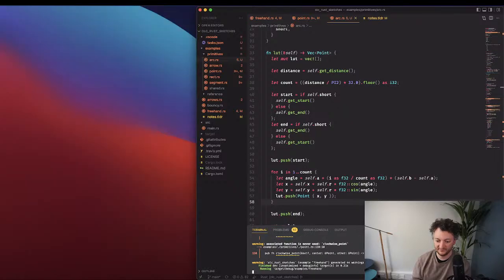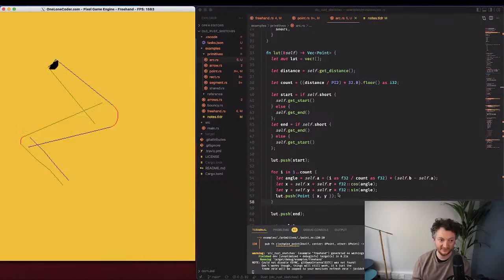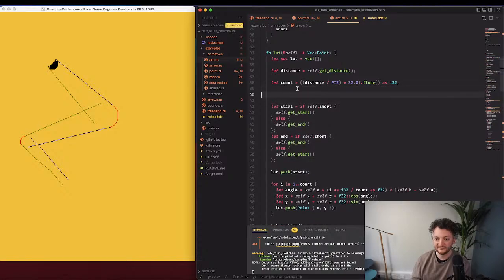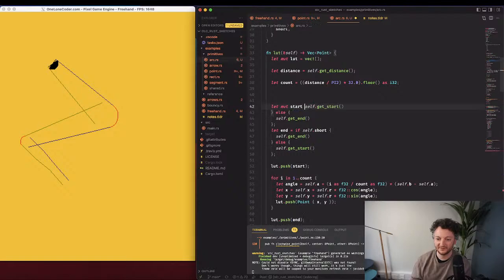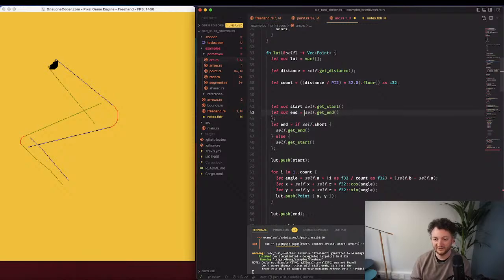And let's see. Okay, that's slightly better, but now we also need, let's do it like this. Let mutable start is get start. Let mutable end equals get end.